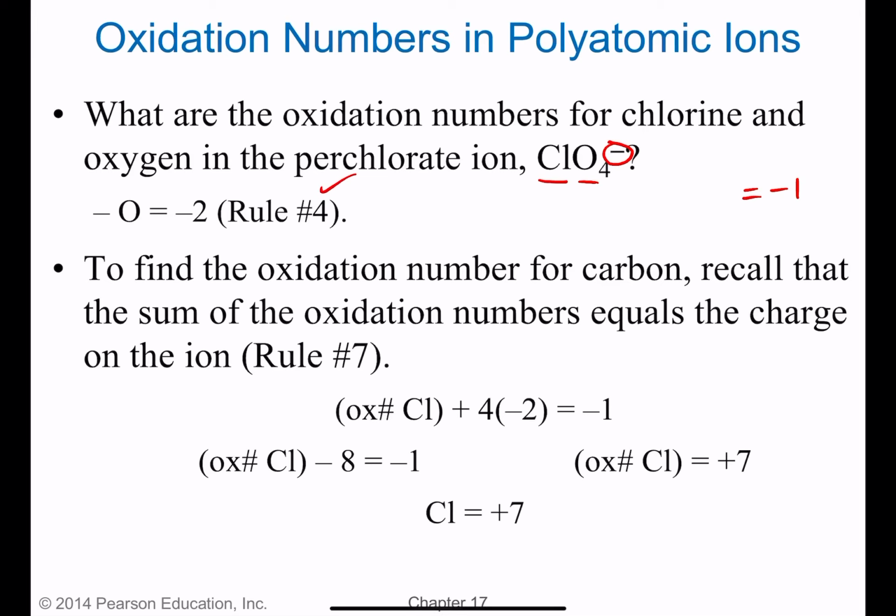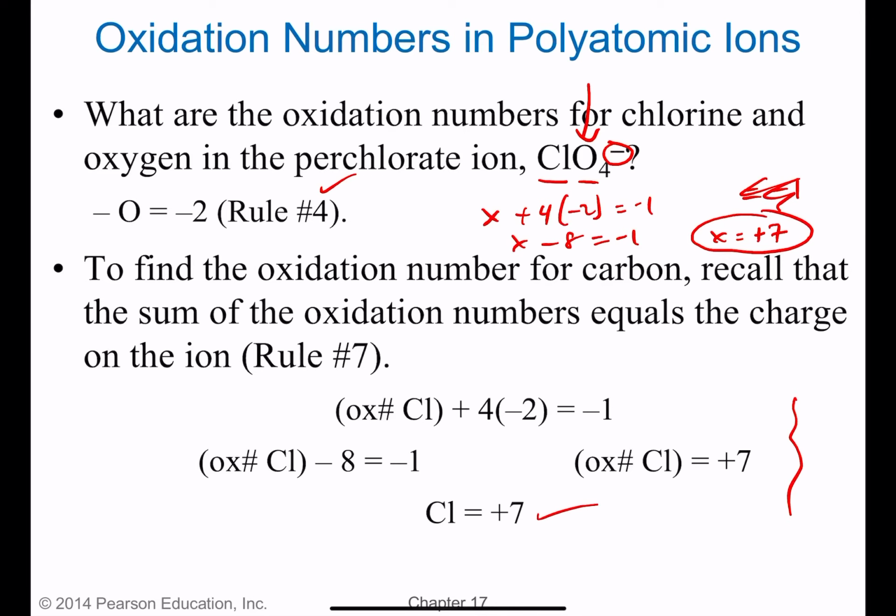Then for chlorine, we'll use an X. There are 4 oxygens where each one is -2, and it equals -1. So X minus 8 equals -1, and X is going to equal +7. Even though chlorine normally has a charge of -1 as an ion, because we're forcing it to bond with oxygen, which is more electronegative, it actually has an oxidation number of +7, which should feel kind of weird, but that's how it is. They got the same result, following the same strategy, just written a little bit differently.